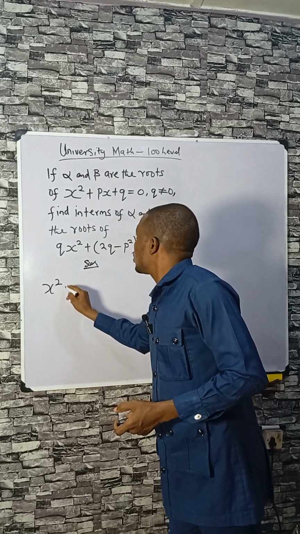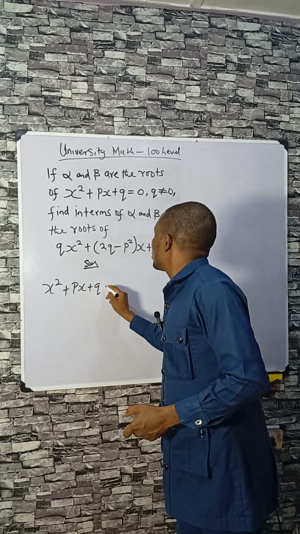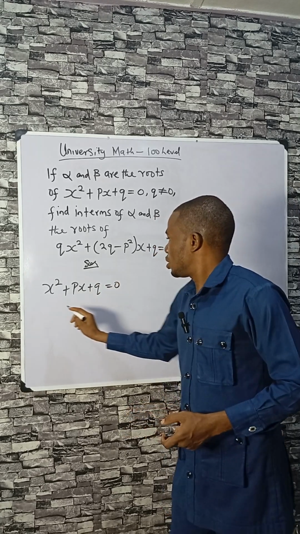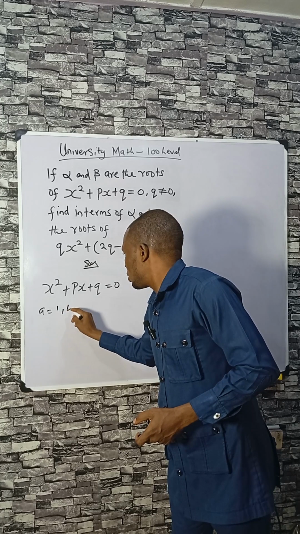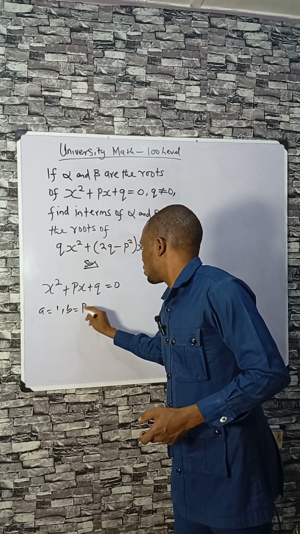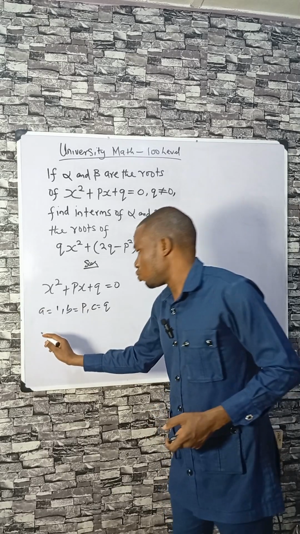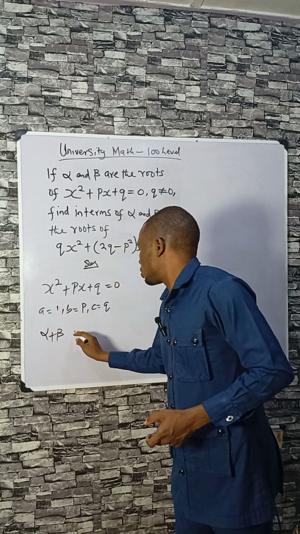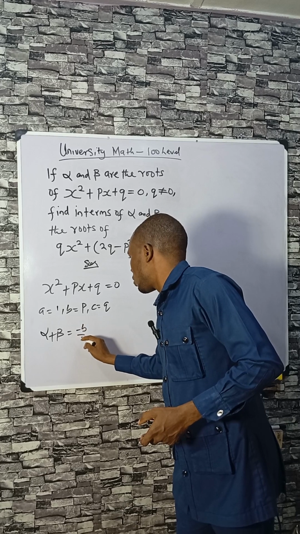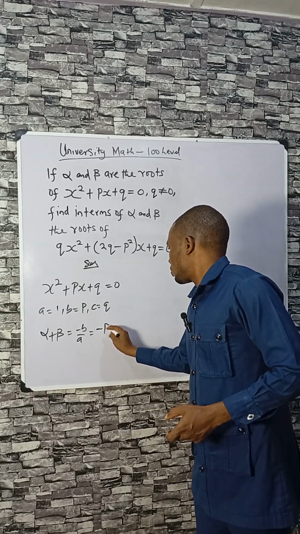x squared plus px plus q equals 0. Here a is 1, b is p, and c is q. So the sum of roots, alpha plus beta, of this equation equals minus b over a, and that is minus p.